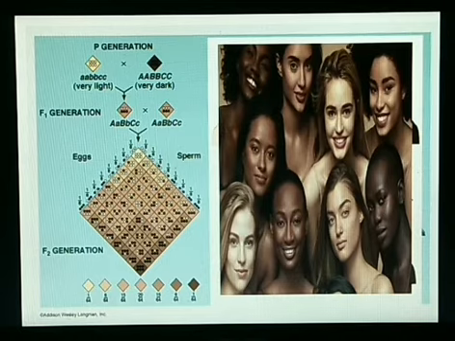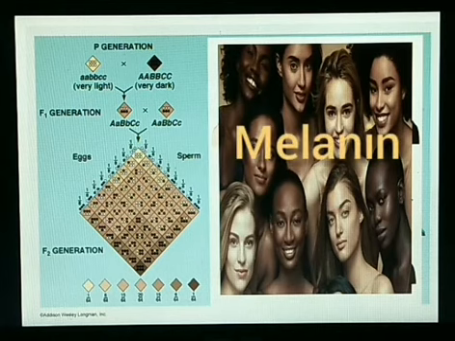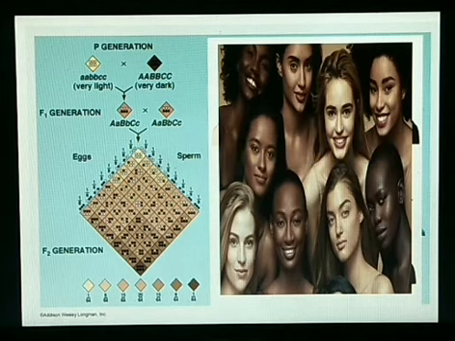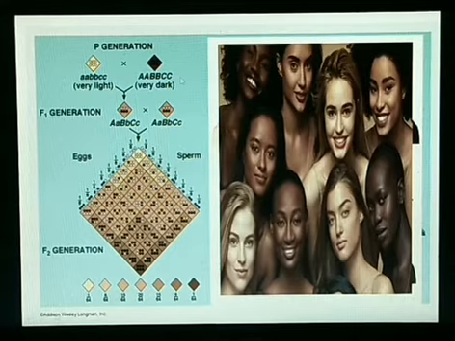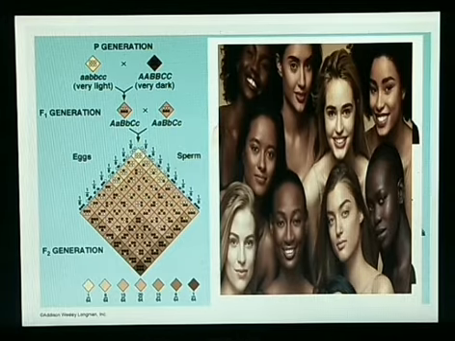The inheritance of human skin color was first studied by C.B. Davenport in 1913. The skin color is based on the quantity of melanin pigment and is believed to be controlled by at least 3 pairs of polygenes. So therefore we say it is the cumulative effect of multiple genes.